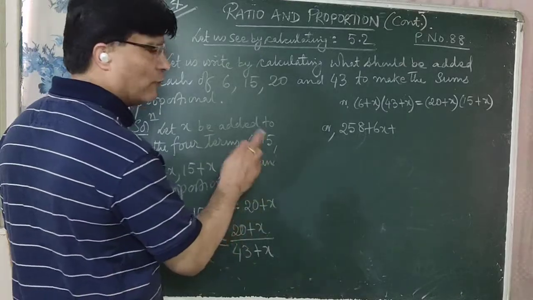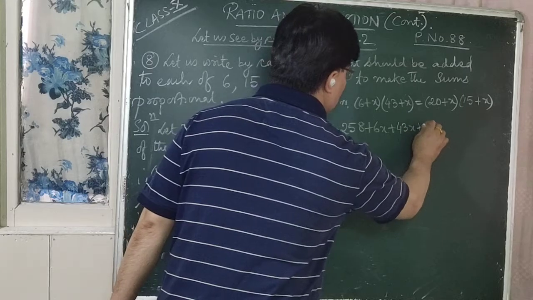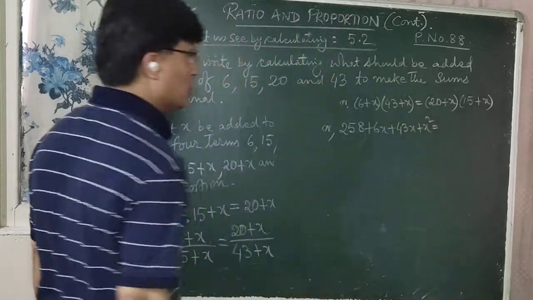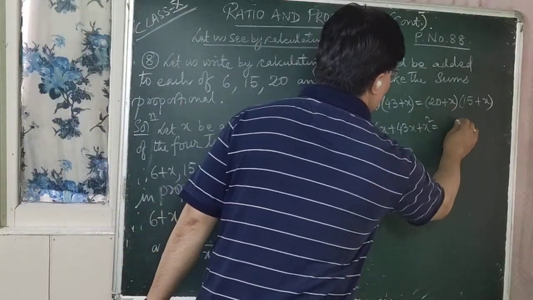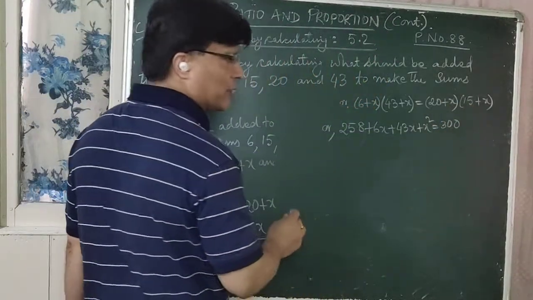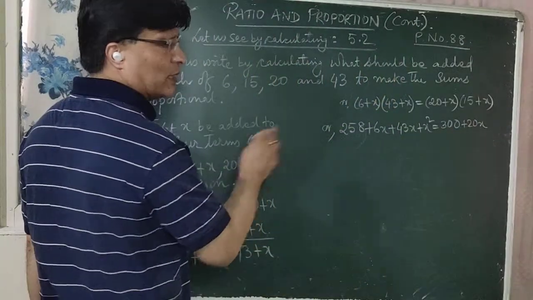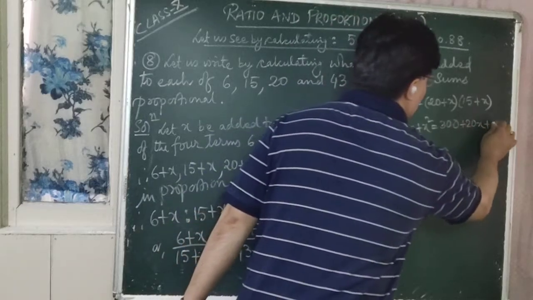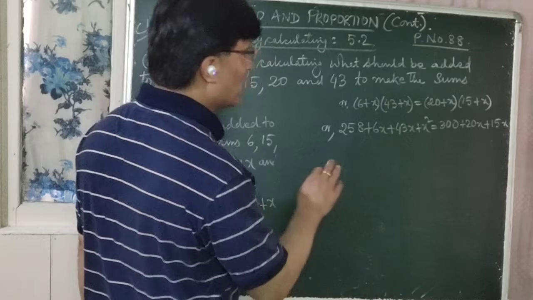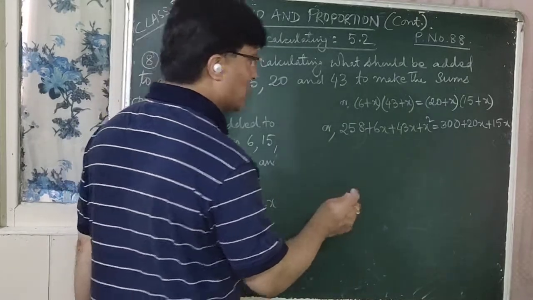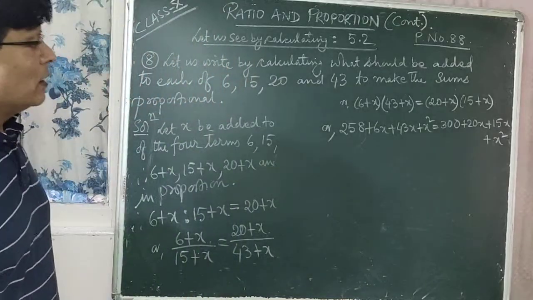Now 43 plus x is multiplied by x, so it is 43x plus x square, which is equal to, on the right hand side, 15 zeros are 0, 15 twos are 30, that is 300, plus 20x, 20 into x is 20x, plus 15 into x is 15x, plus x into x, x square.